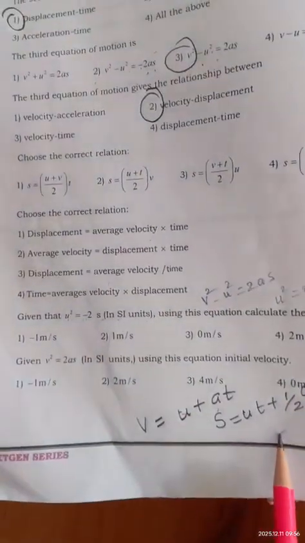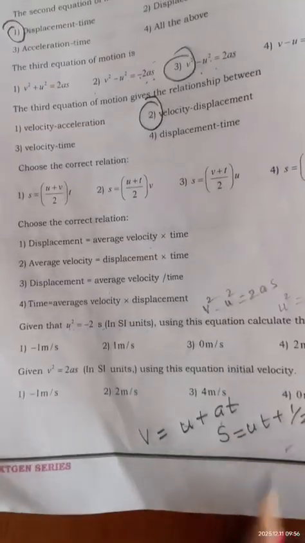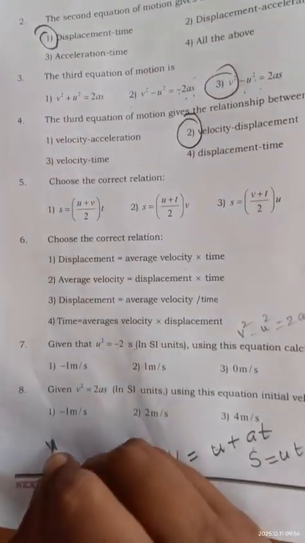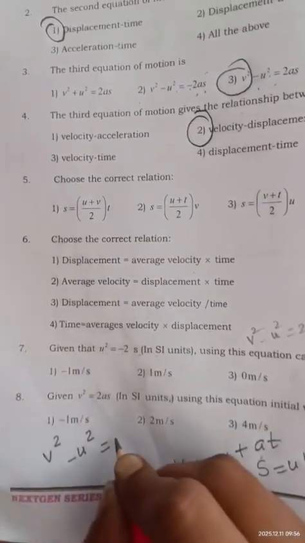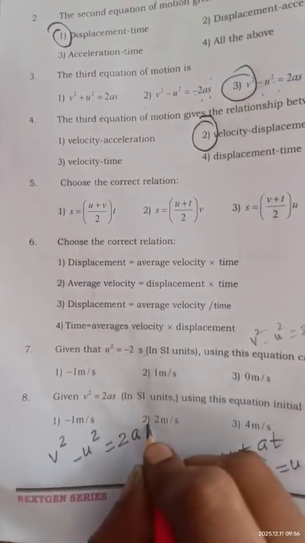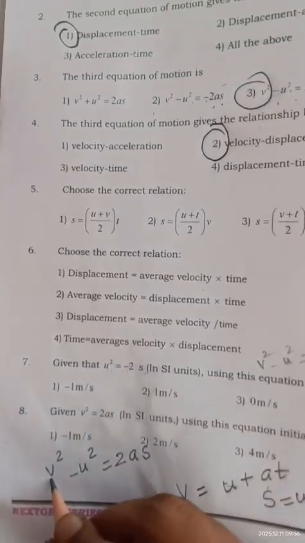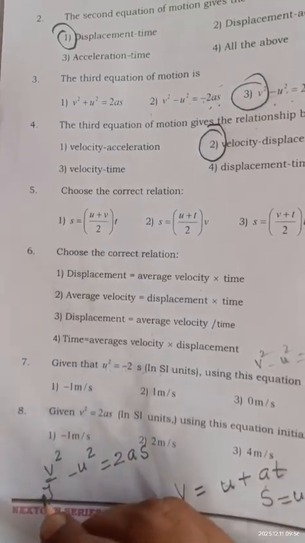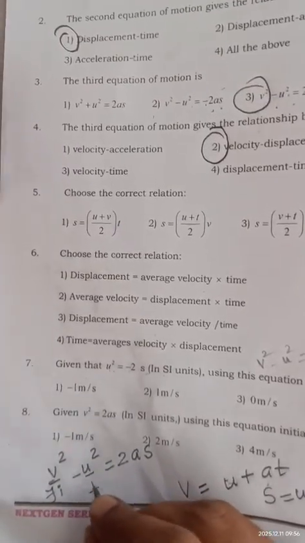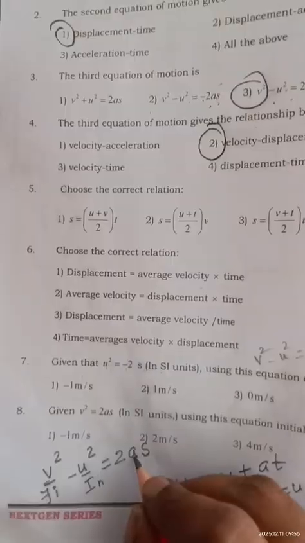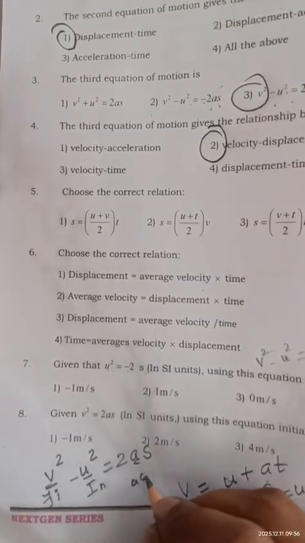Is this in the form of the second equation? No. And what is the third one? V square minus u square is equal to 2as. So here V represents final velocity and u represents initial velocity. A represents acceleration.